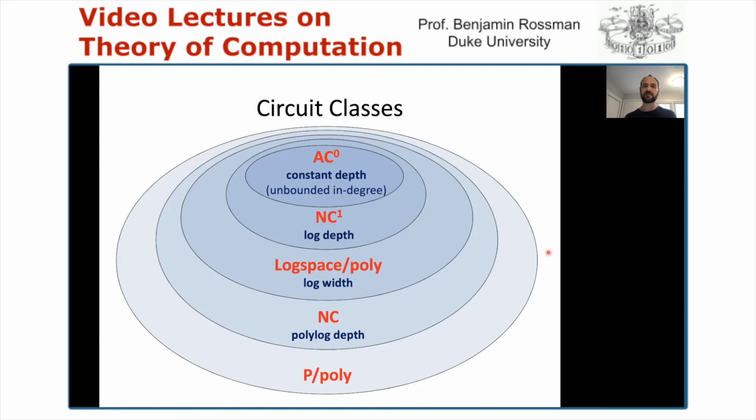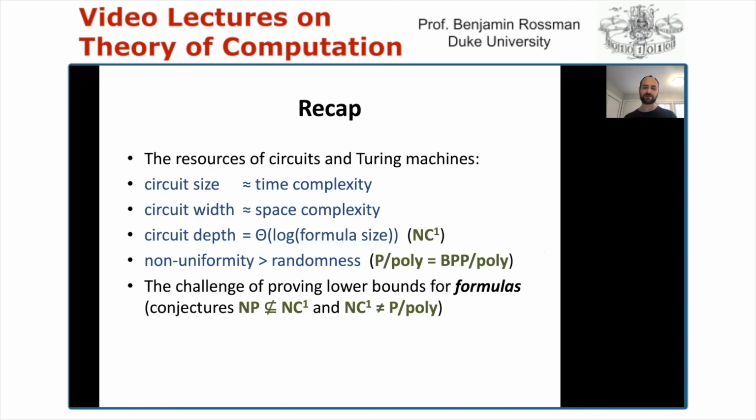Before giving the references, just to recap what we showed in this last part, we discussed the different resources of circuits and Turing machines, right? We saw this connection between circuit size and time complexity.